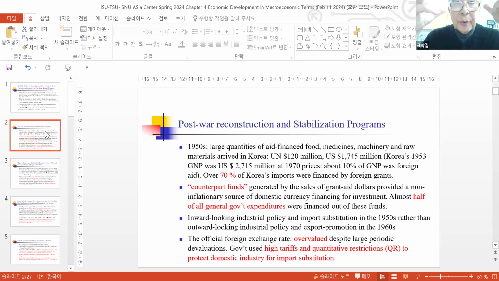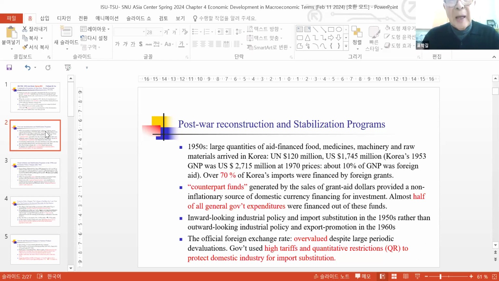Then, you know what the Korean government does? It receives those grants in aid. In other words, it receives those farm aid products from the United States, from the United Nations, and sells those rice, barley, wheat, fuel, all those commodities in kind to the market.